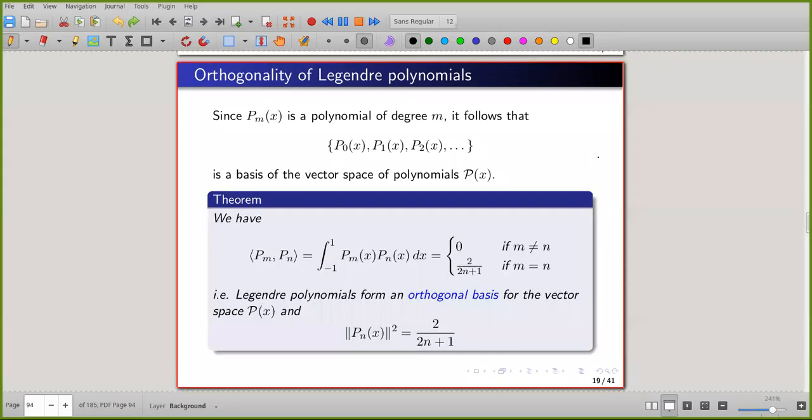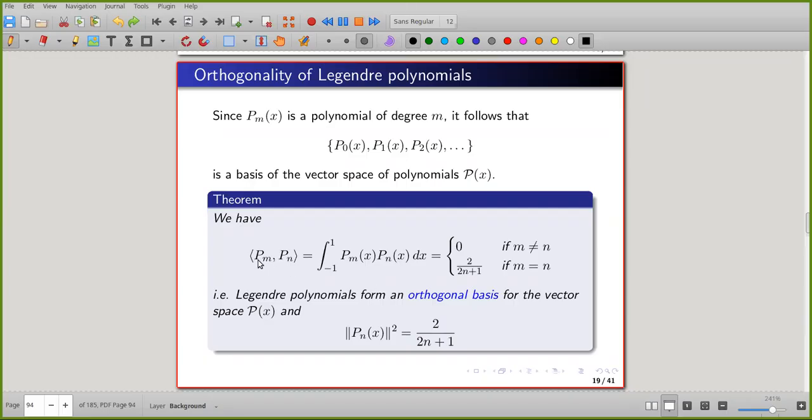Now the theorem which we are going to prove, and I hope you find this theorem interesting, because it's kind of nice that we have these differential equations and we picked up some solutions, and lo and behold, these solutions turn out to be orthogonal to each other with respect to the inner product that we put on our vector space of polynomials. So let's just stare at the theorem for a few minutes.